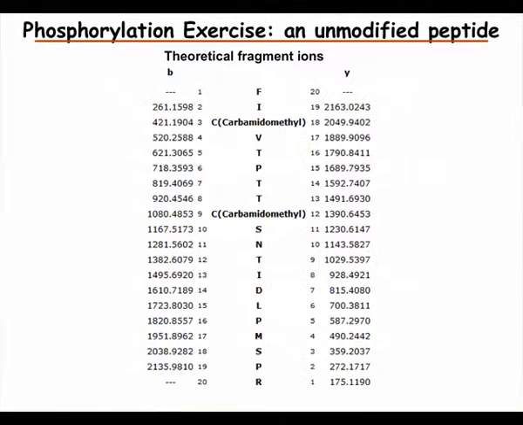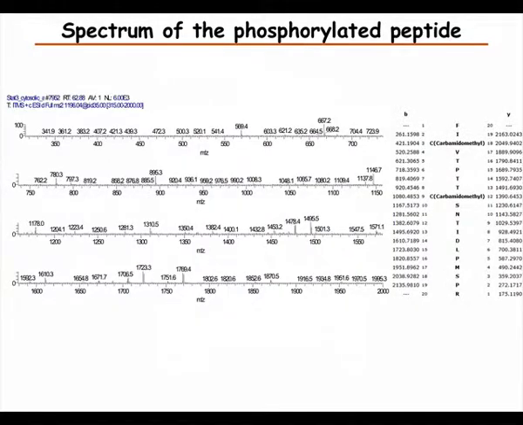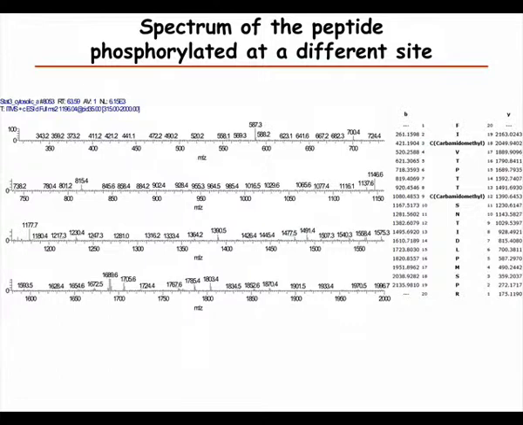If you go to the homework, there is also a table that shows the fragment masses, the B and Y ions of a peptide. And it also has two spectra, one phosphorylated and one unphosphorylated. You can start working on these things now, and Pam and I will be here also to help you with that.